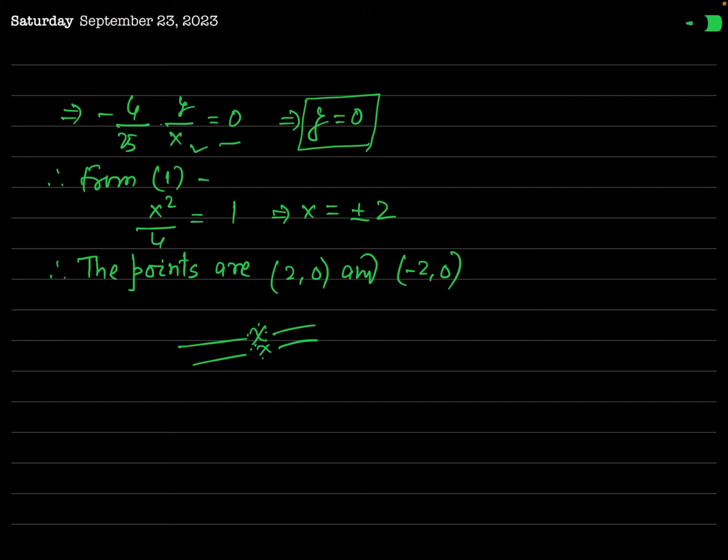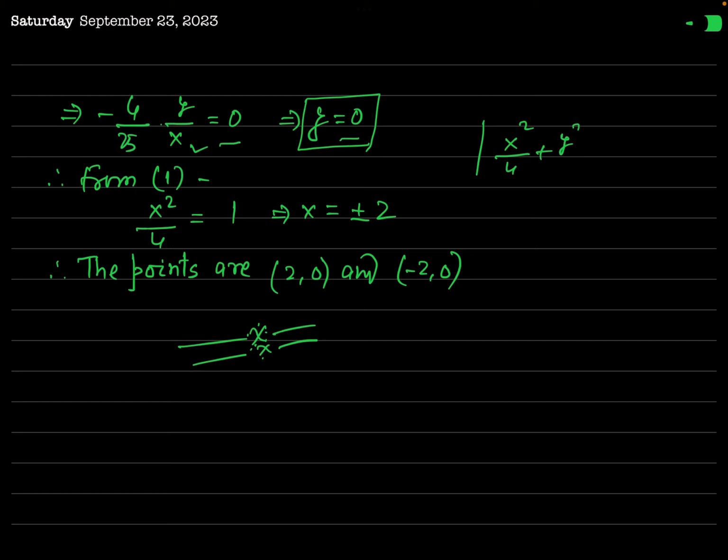So the points where the tangents are parallel to the y-axis, at those points the y coordinates are actually 0. Now for getting the value of x coordinate of those points, what we will do? We will substitute the value of this y in the given equation of the curve. And given equation is what?